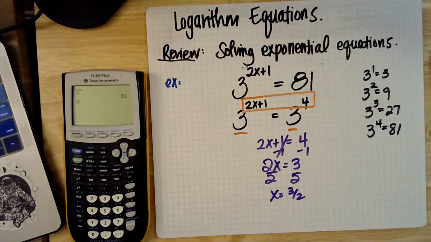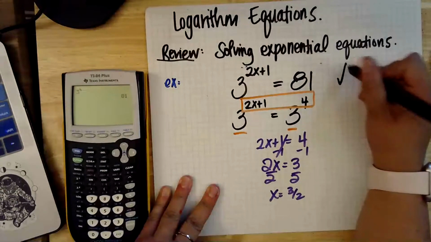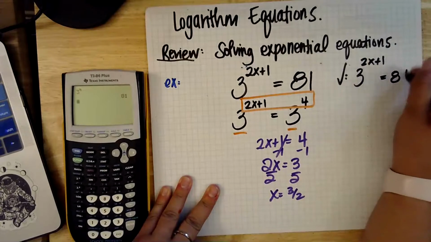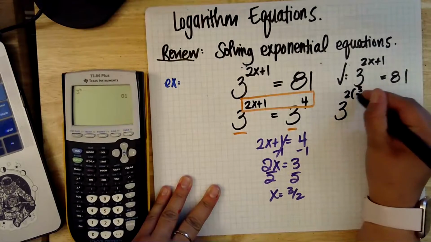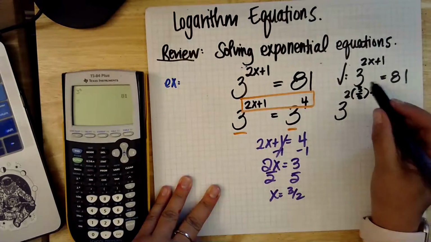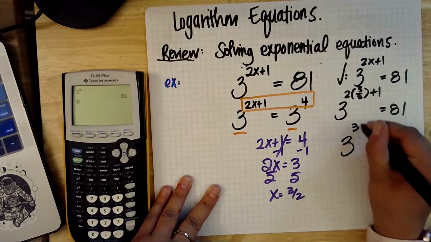So we're going to see if that's valid. I'm going to check 3 to the 2x plus 1 equals 81. I have 2 times 3 halves plus 1, does that equal 81? So 3 times 2 is 6, 6 divided by 2 is 3, so I got 3 plus 1.